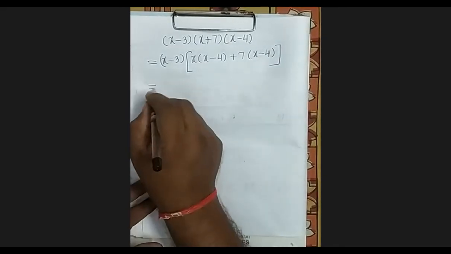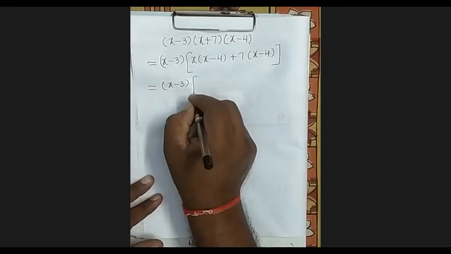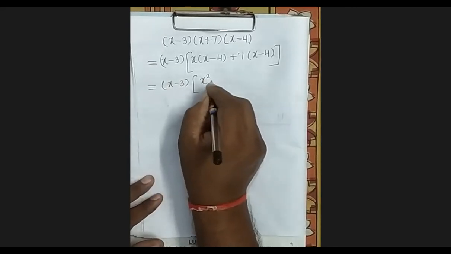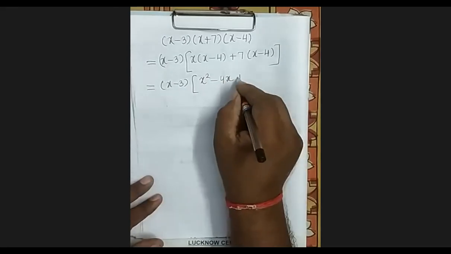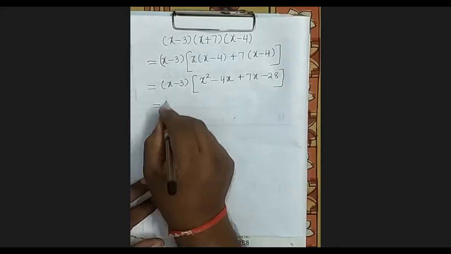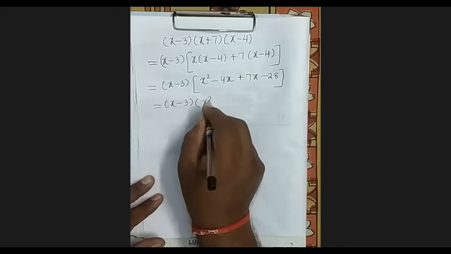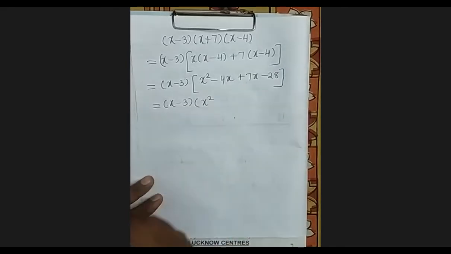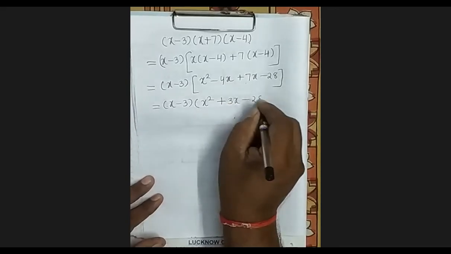Now simplify further. x into x, x square, minus 4x plus 7x minus 28. So x minus 3 is x square minus 4x plus 7x, plus 3x minus 28.